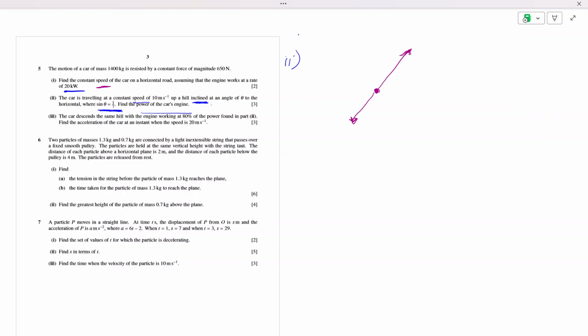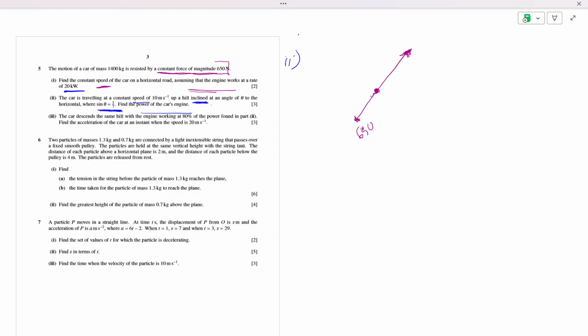So in this case, now we have the car moving up an inclined hill at an angle theta, right? So we have the forces acting down the plane. In this case, it's going to be the 650. Remember, the question tells us that it is a constant resistive force of magnitude 650.